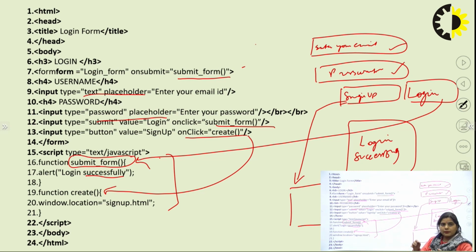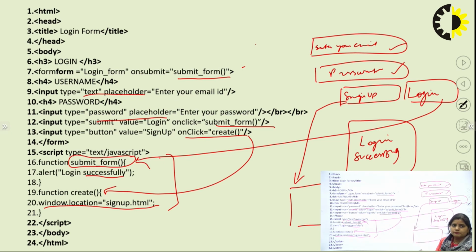link the user to the next page, known as signup.html. That means inside your system, you have created a page called signup.html, in which, for example, you are signing up a user to a particular website, just like for purchasing something.